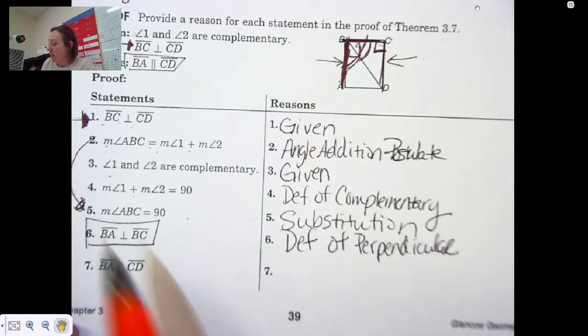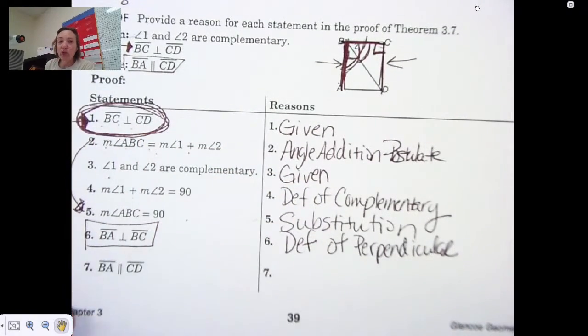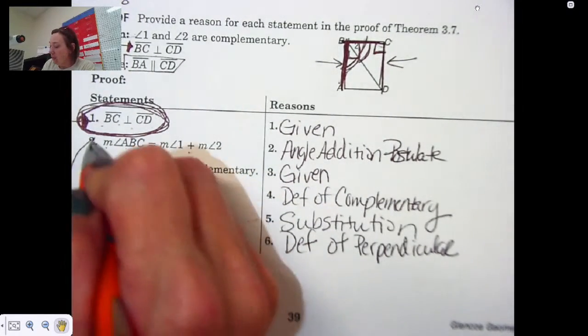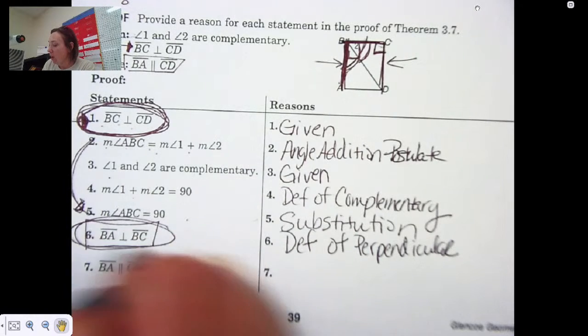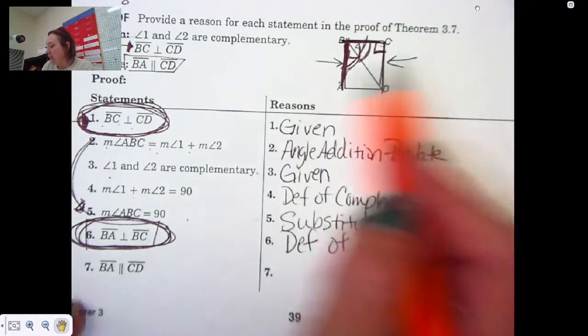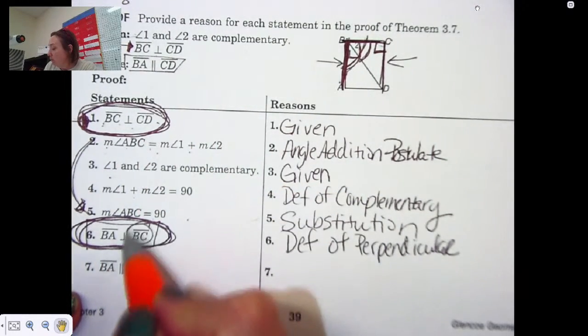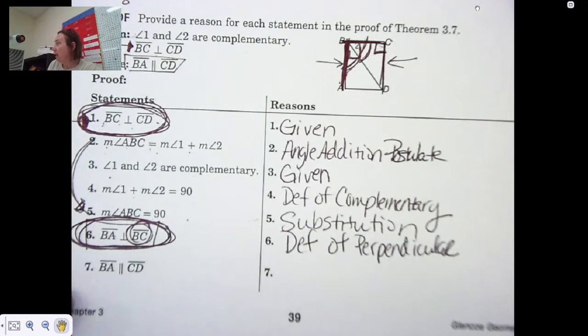Right here, they gave us two lines that were perpendicular. Then we spent a little bit of time proving two other lines were perpendicular. But look at what we got. Now we've got that BC is perpendicular to CD, and BC is perpendicular to BA.